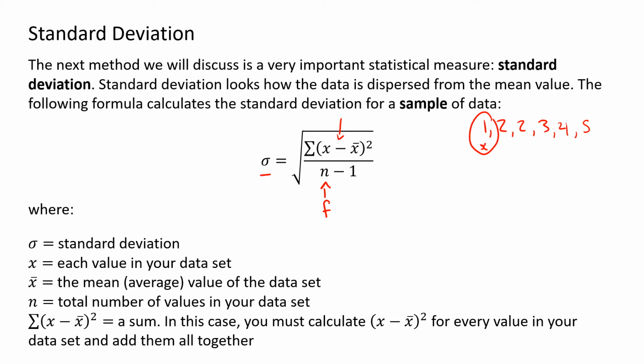It's adding all those differences up because if a value is very far away from the mean, this x minus x bar would be very large, because the difference between those two terms would be large. If it's small, then the difference between those two terms is small, and your standard deviation overall would be a lower value.